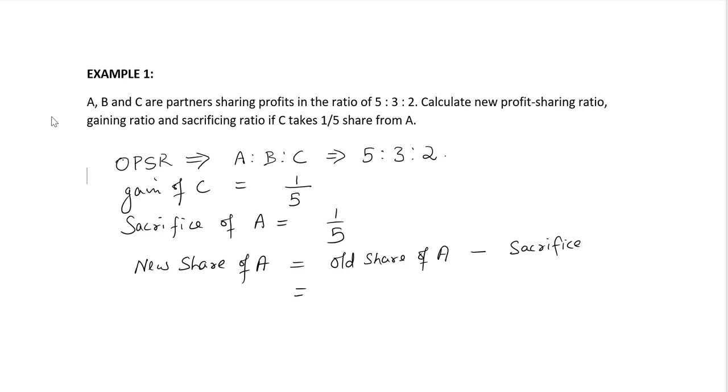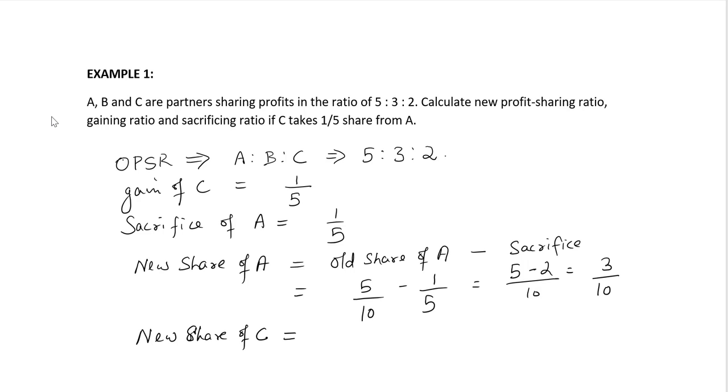The old share of A is 5 divided by 10 and the sacrifice of A is 1 divided by 5. On taking the LCM and deducting, we get the new share of A as 3/10. New share of C is equal to old share, C gains.